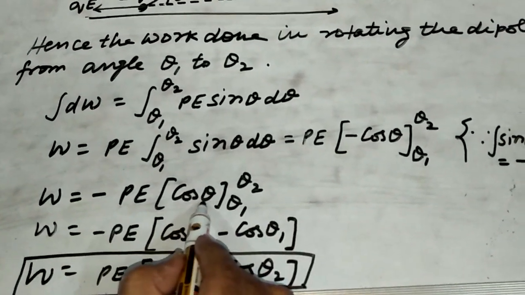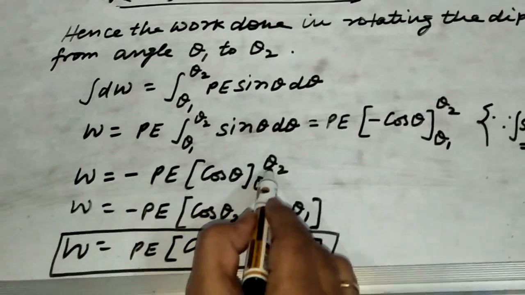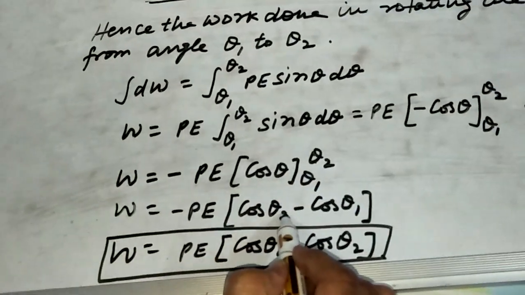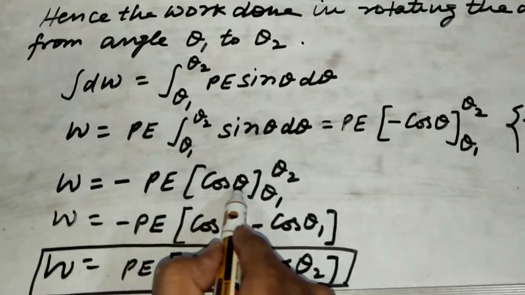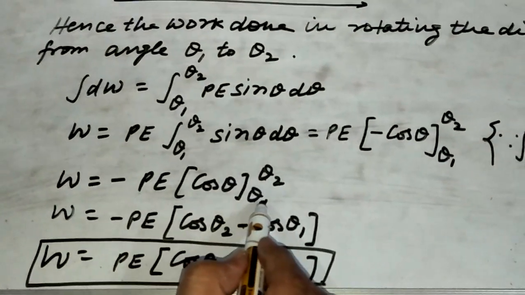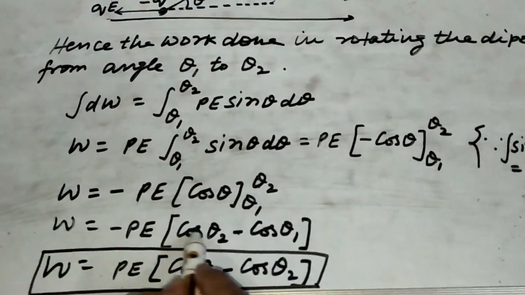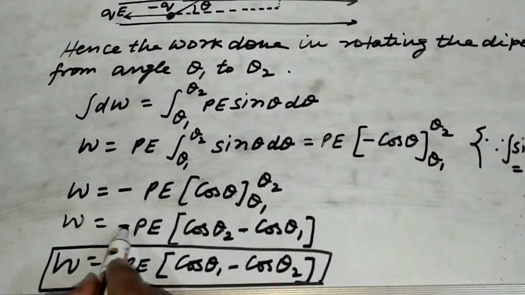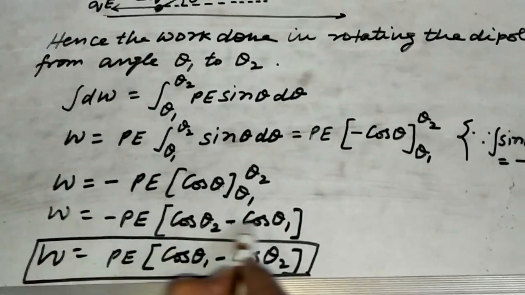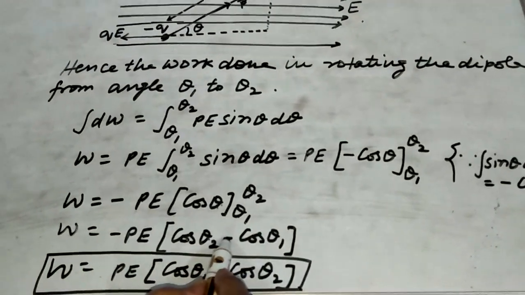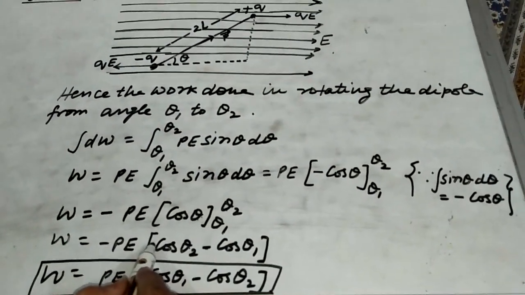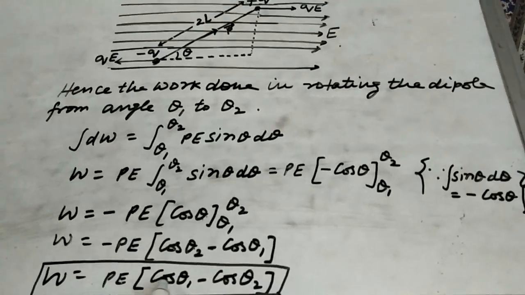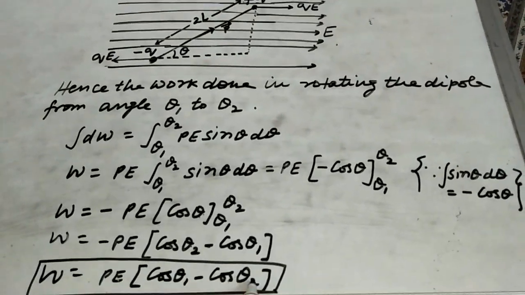In place of theta, first we write the upper limit theta 2, minus, and in place of theta we write the lower limit theta 1. So this becomes cos theta 2 minus cos theta 1. When you multiply by the minus sign inside, this quantity becomes positive and the other negative. So W = PE (cos theta 1 minus cos theta 2).